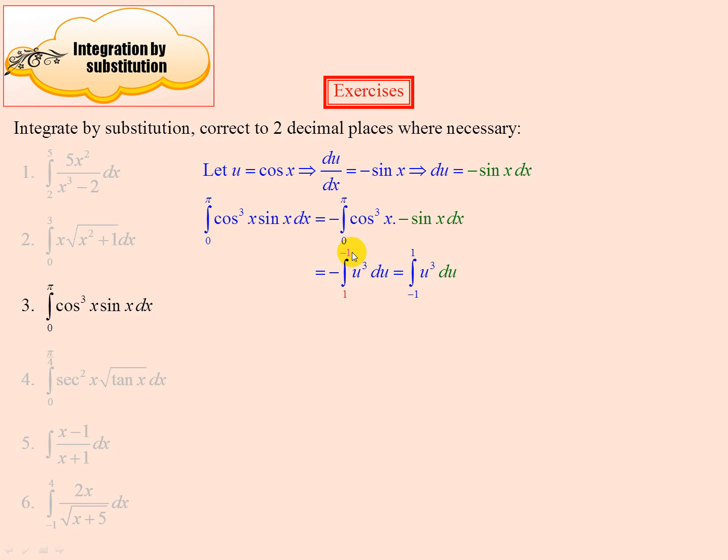Cos of 0 is 1, cos of pi is negative 1. And I've done the switch around. You see here, instead of having negative 1, 1, I have 1, negative 1, and I've changed the sign. Now it becomes 0. You'll see why when we do areas under curves.